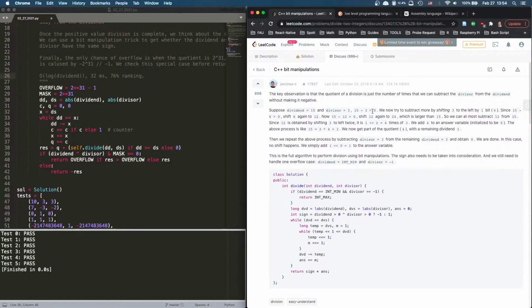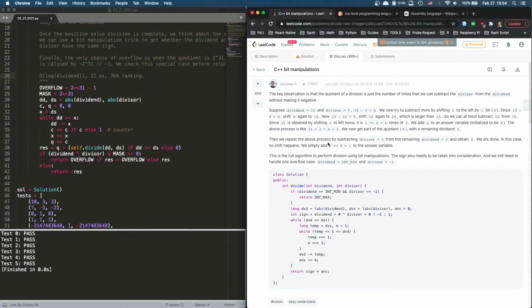Again. Okay. We can most subtract from 15. 4 times 3. We add 4 to the answer. The above process gives us part of the quotient.